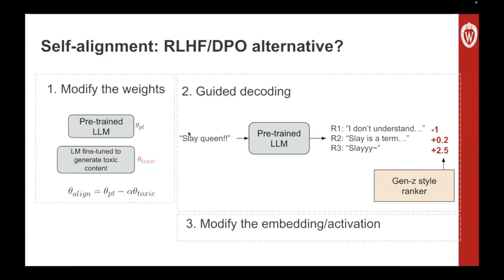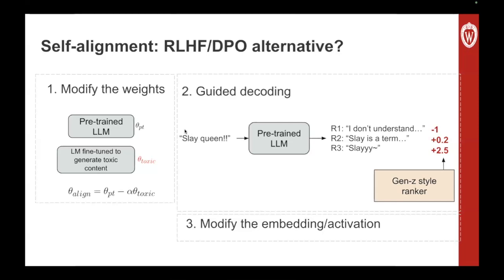For example, if we want to build an LLM that speaks in a more Gen Z tone, we first build a model that gives bigger preference to tokens that speak in a more Gen Z way. And then once we get this ranker, in every decoding step of the base LLM, we reweight the tokens, and then we keep choosing the tokens that align more with what we want.